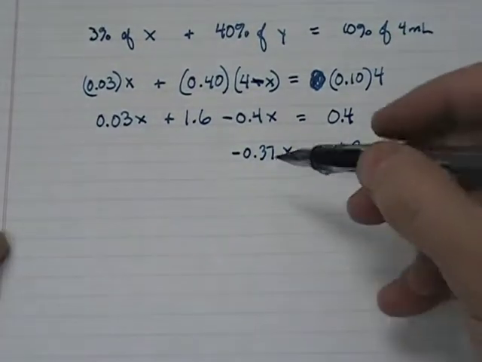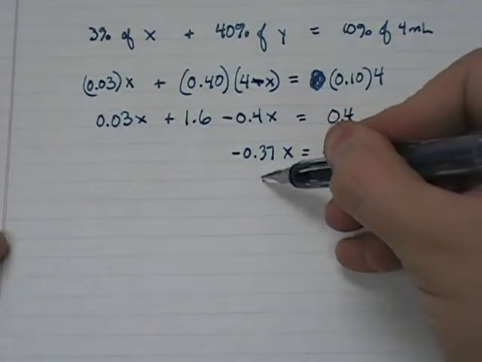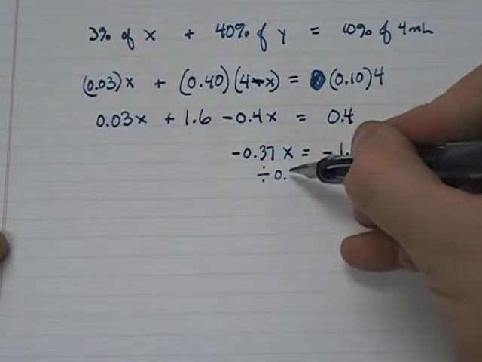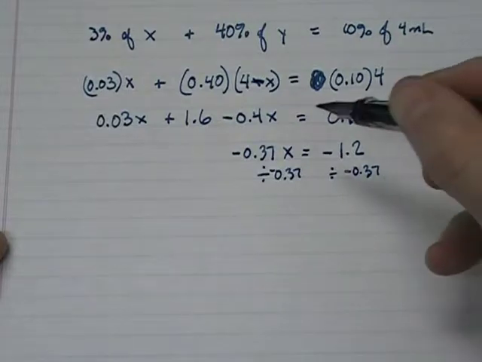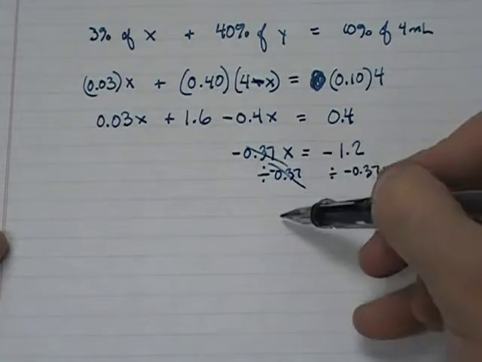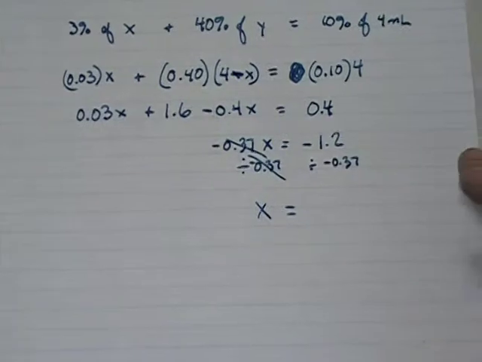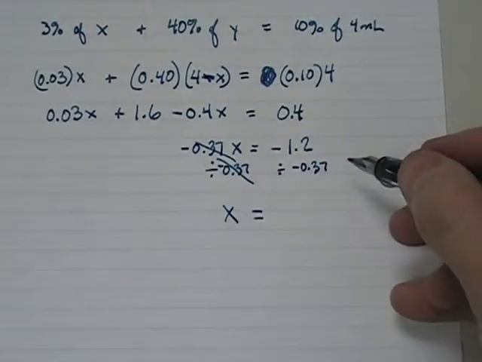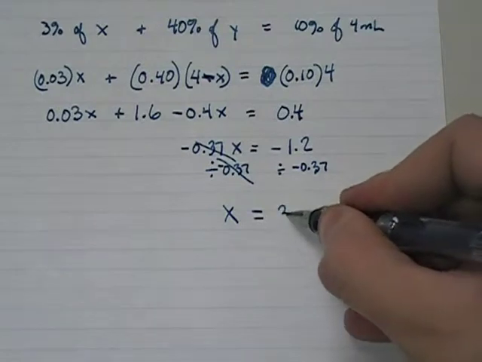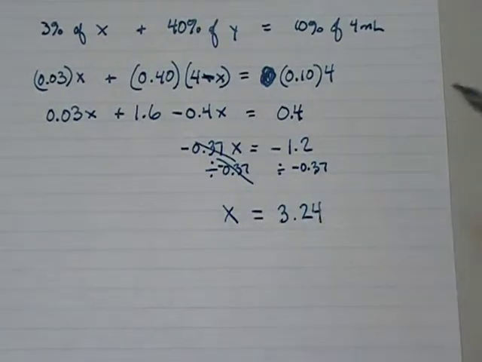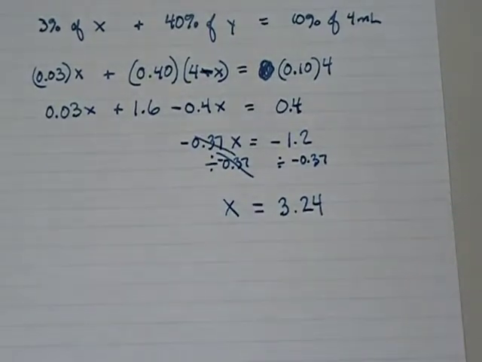And now divide both sides by negative 0.37. And of course those will cancel and leave X. And negative 1.2 divided by negative 0.37 is 3.24.